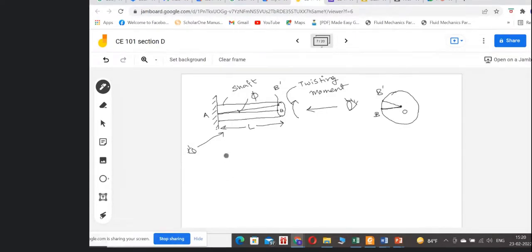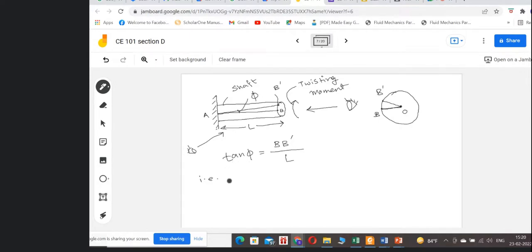So this phi, actually tan phi, will be equal to BB dash, the change in position, by its original length, that is L. From that definition we have also seen that this angle becomes very small.